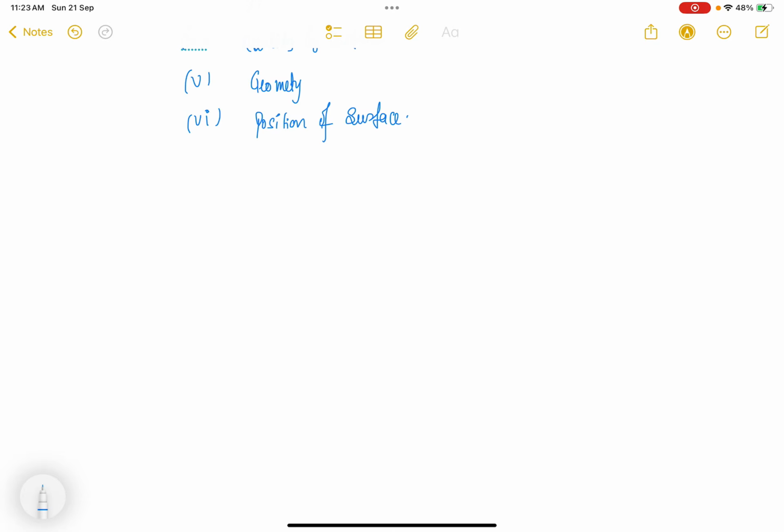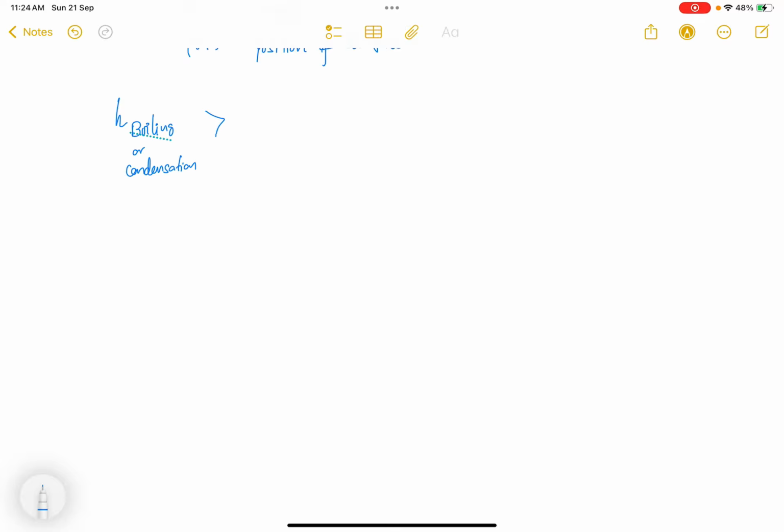The main aim of studying this convection heat transfer is to determine this value of heat transfer coefficient, and in general the heat transfer coefficients for the phase change processes, boiling or condensation, are the highest, higher than forced convection.